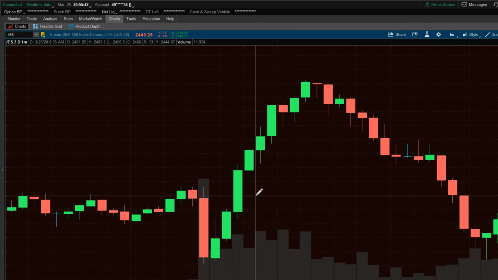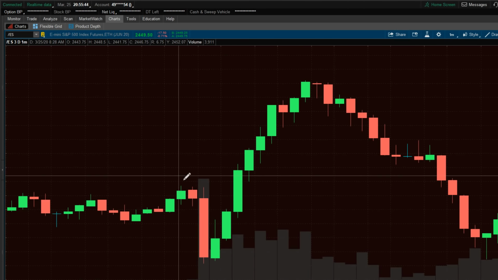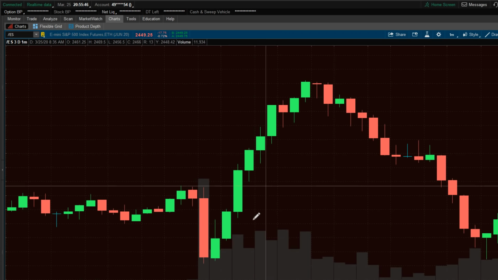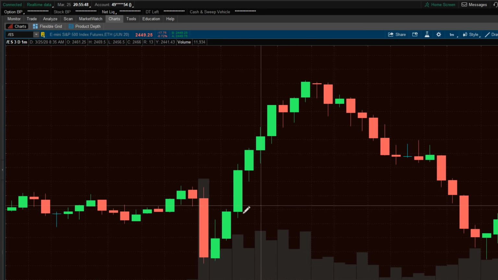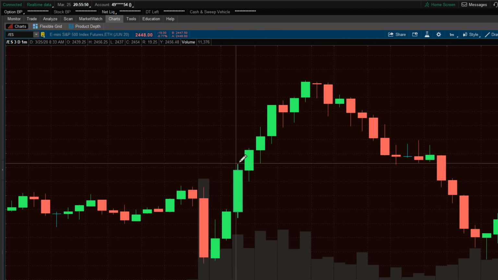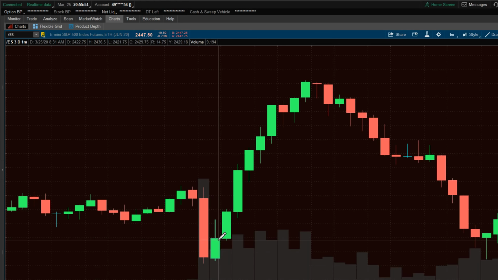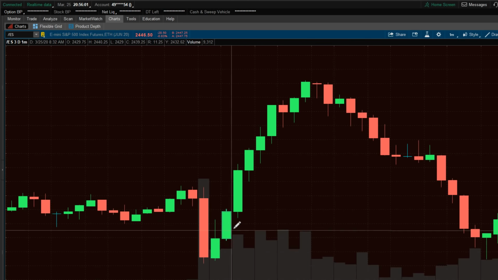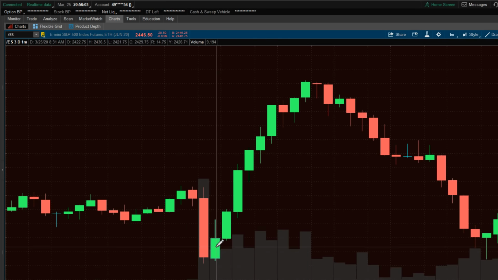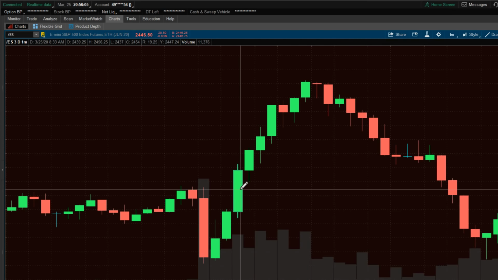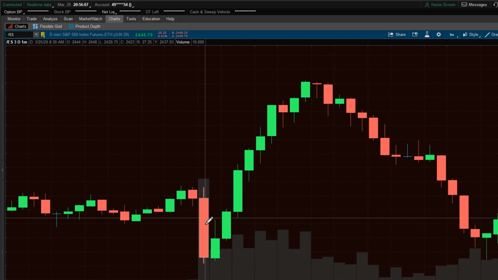Here is a good representation of what you would call three white soldiers. This one's not completely what you'd like to see. I'd really like to see this one here have closed a little higher towards the highs, but the effect was there all the same. So you want three good strong candles for a bullish reversal.